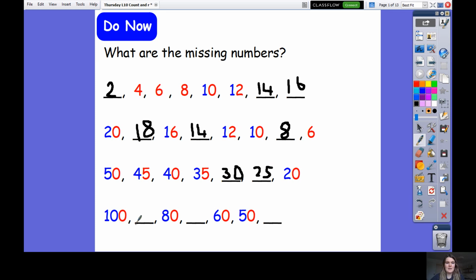No, 90. Why is it 90? Because we're counting backwards in 10s. Okay, let's keep going then. 80, 70, well done. 60, 50, 40. Wow, what superstars. You know you're counting so well.